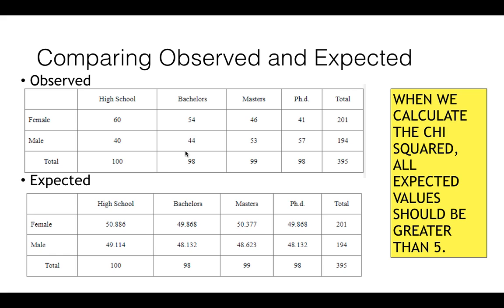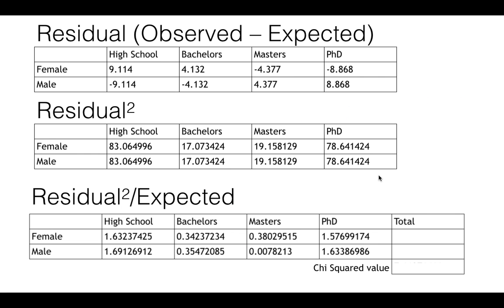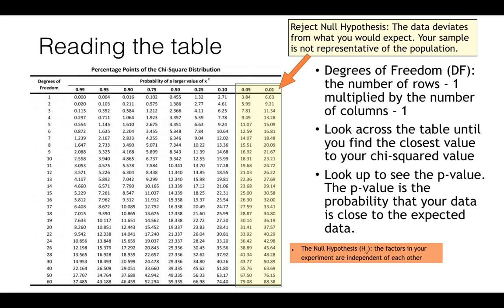Now that is probably because those males have now gone on to become masters or PhD educated. So in this example, we have to reject our null hypothesis, we have to accept our alternative hypothesis, and we have to say that the level of education is dependent on gender. Gender does influence the level of education.